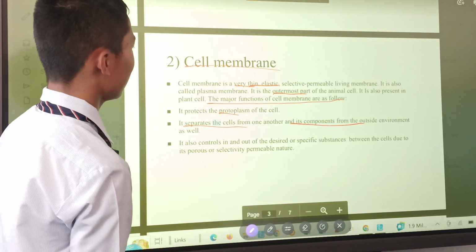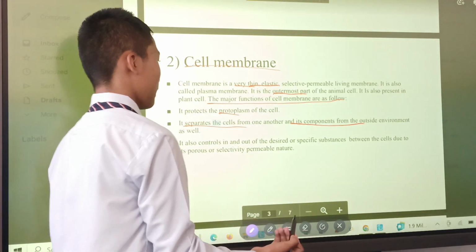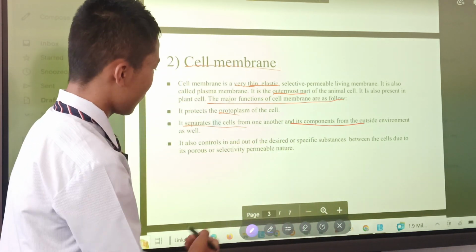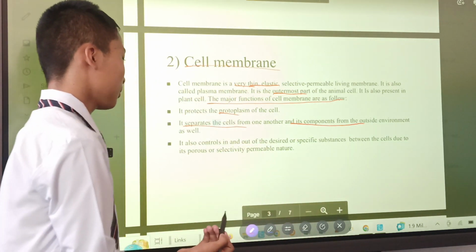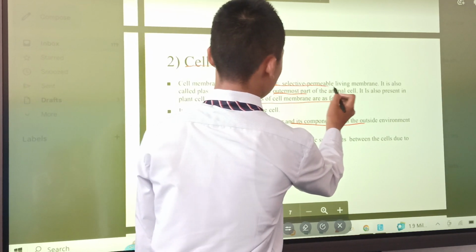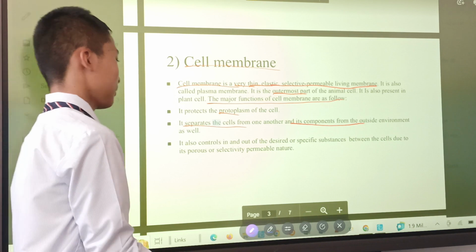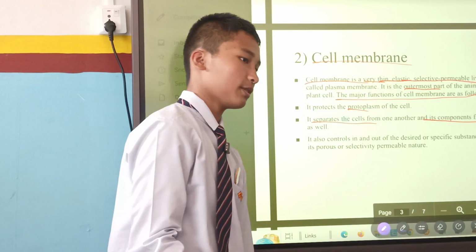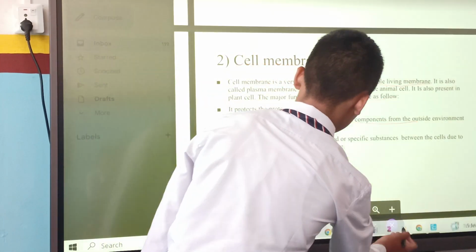As I already told you, cell membrane controls what goes in and out of the animal cell. The third point is it also controls in and out of the desired or specific substance between the cells due to its porous and selective permeable nature. As said in this line, it controls, and I explained before, it controls the specific substance that go in and out of the animal cell and stuff.